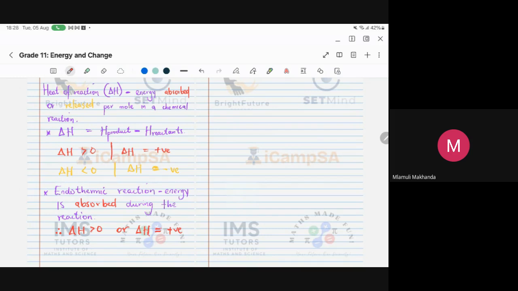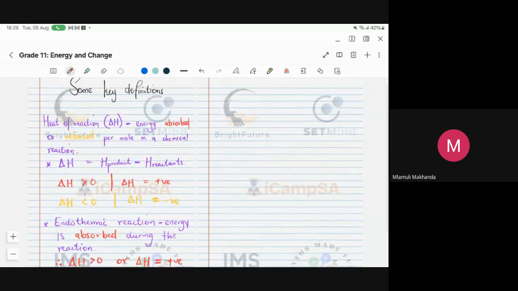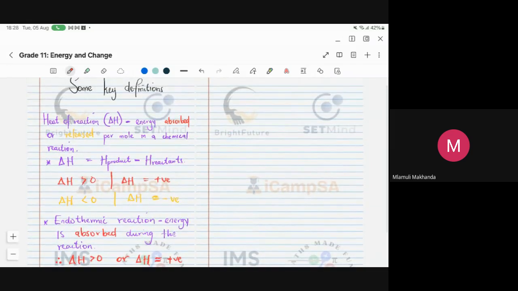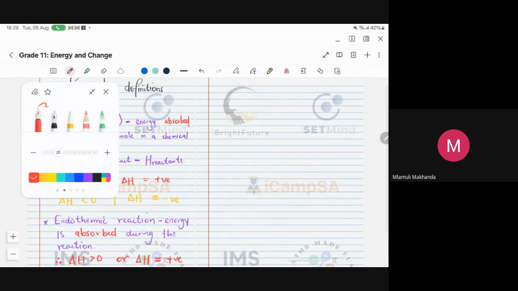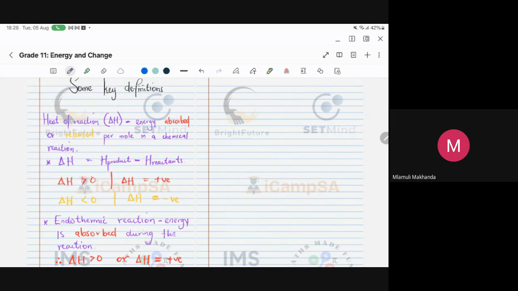Endothermic reaction. Now, what about the exothermic reaction? We're just quickly focusing on making sure these definitions are out of the way before we start our example.